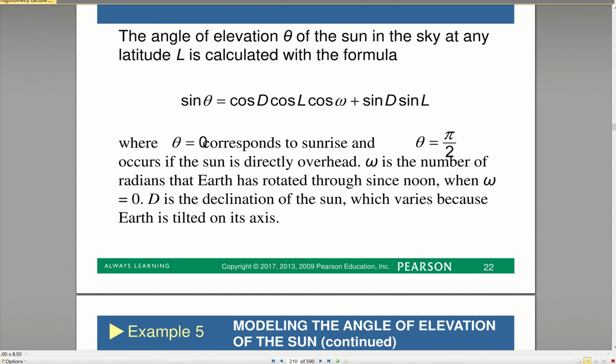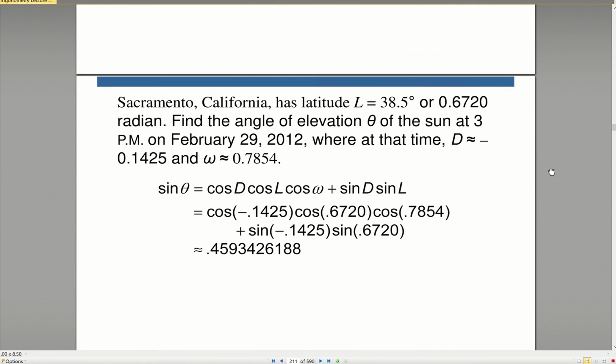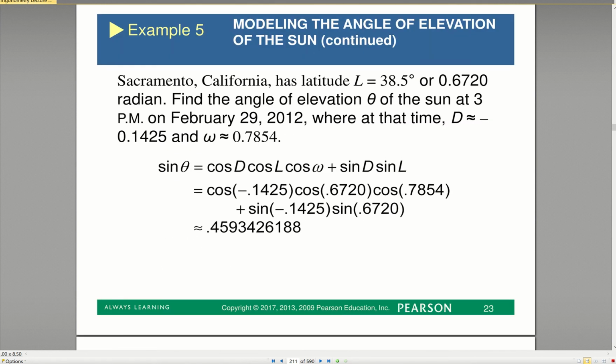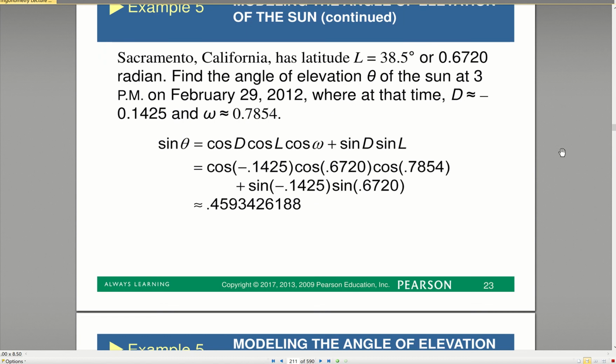Omega is the number of radians that the earth has rotated through since noon, when omega is 0, and d is the declination of the sun, which varies because the earth is tilted on its axis. Now here they're going to give you a scenario with Sacramento, California being at this latitude, 38.5 degrees, which of course you need to convert to radians, and they do so for you here.